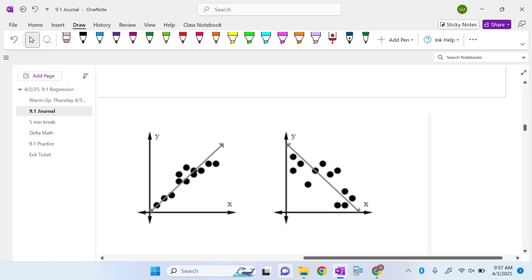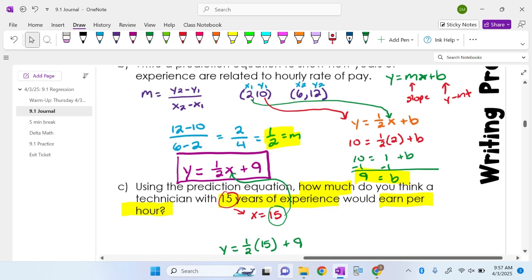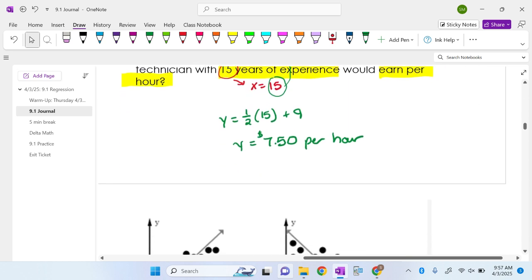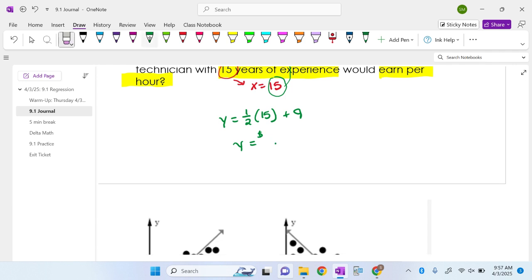Did I do something wrong? No, he didn't finish. He was halfway telling you his answer. Oh, okay. So yeah, it's 750. That's 15 over 1/2, and then plus 9, that would be 1650. So we're saying it's about $16.50 per hour.